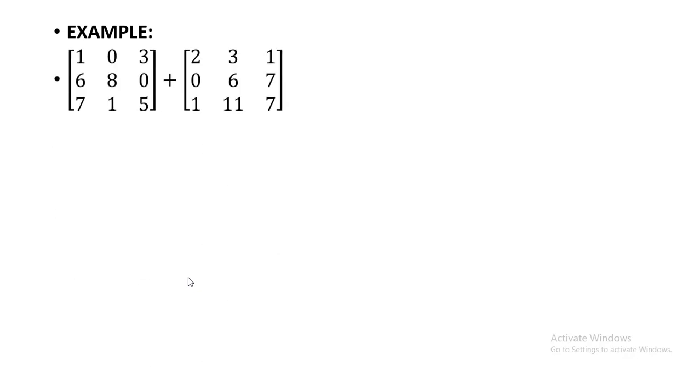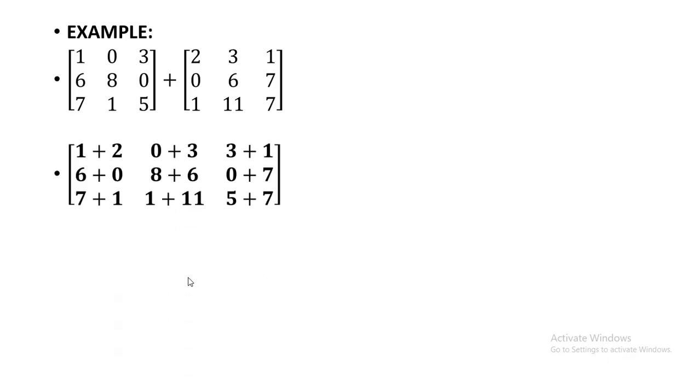In the previous example we have seen adding 2 by 2 matrices. A 2 by 2 matrix means a matrix that has 2 rows and 2 columns. Now here you can see that we have matrices of order 3, that is 3 rows and 3 columns. The same steps, the same procedure will be followed.